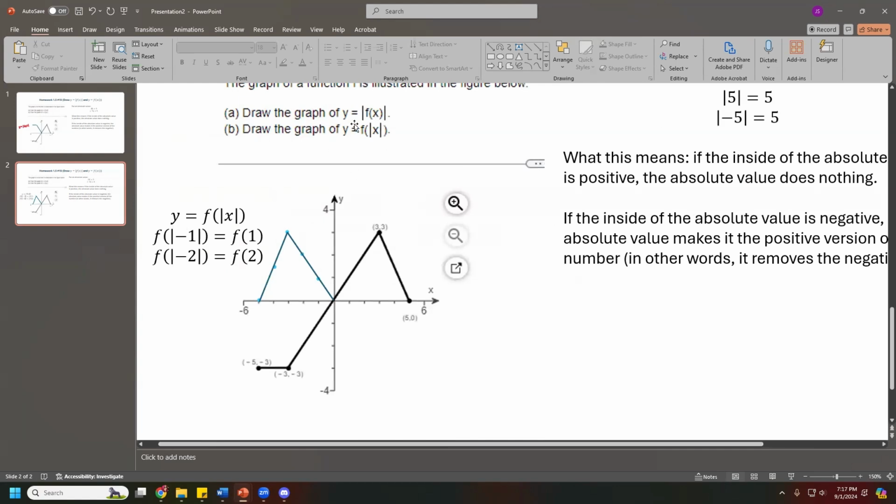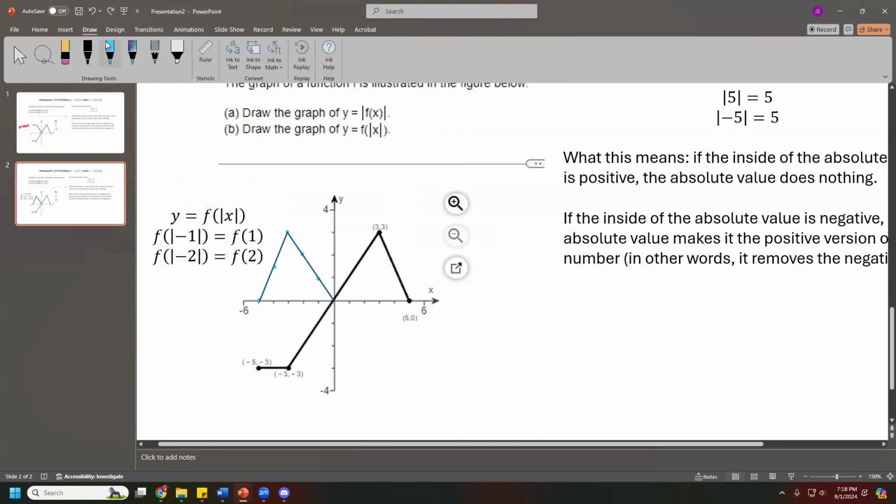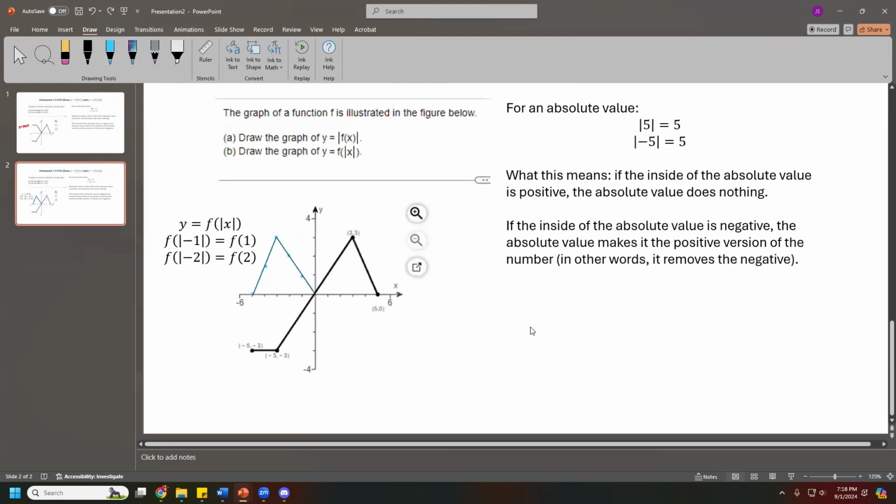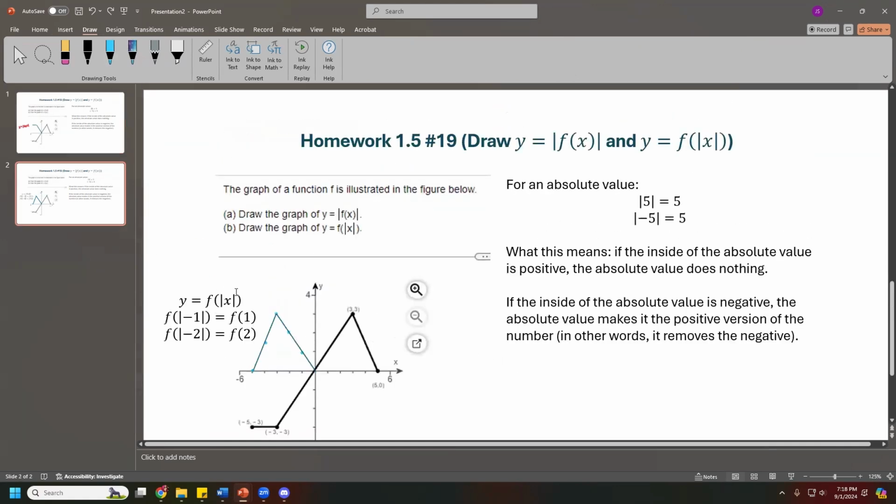When I do this absolute value on the x portion, it basically mirrors this portion right here. That portion gets copied to the other side, so this whole picture gets moved to this side, kind of like a mirror. Okay, so this is how you handle doing absolute value transformations to a function.